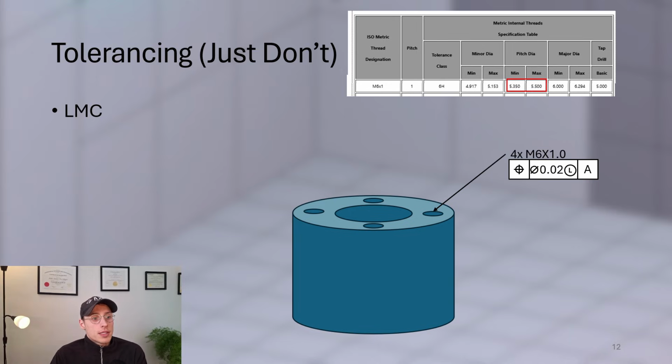My problem with this is that, one, applying LMC to the pitch diameter is not actually controlling the thin wall condition. The major diameter is what would be the thin wall condition in this case. And as we touched on earlier, it seems difficult, or at least I don't know of an easy way, to measure the major diameter of an internal threaded feature.